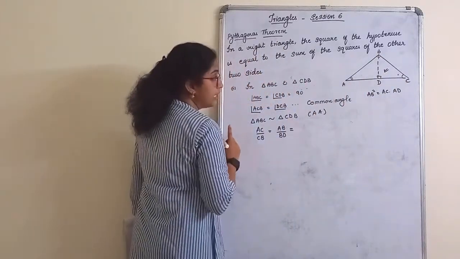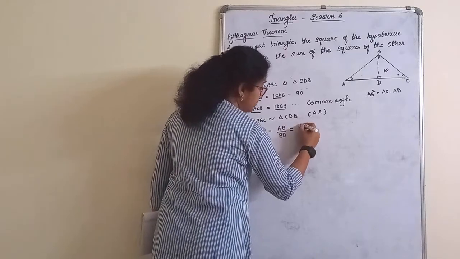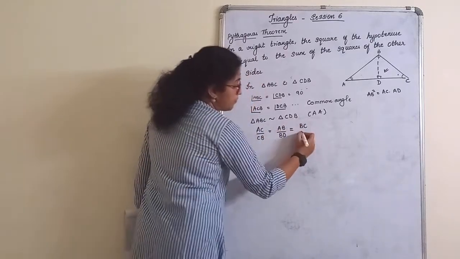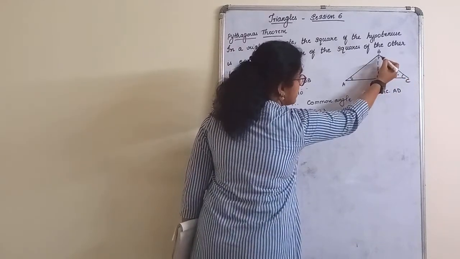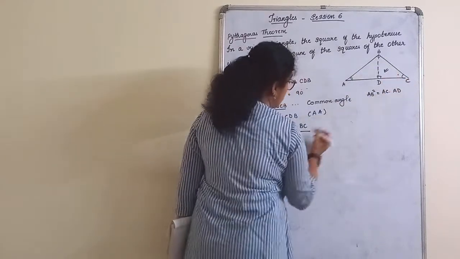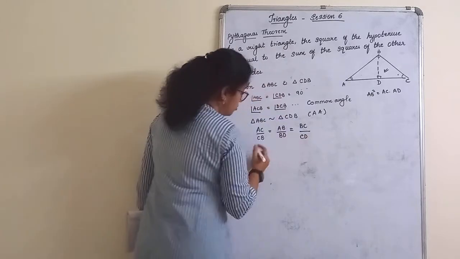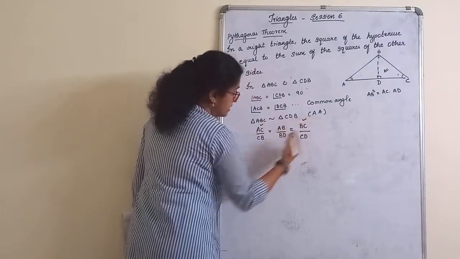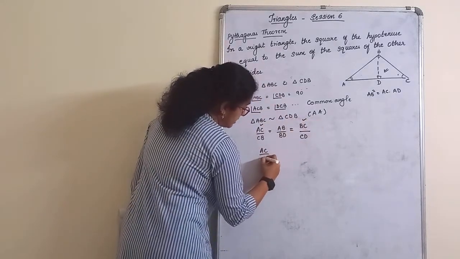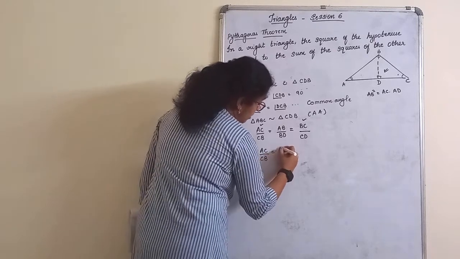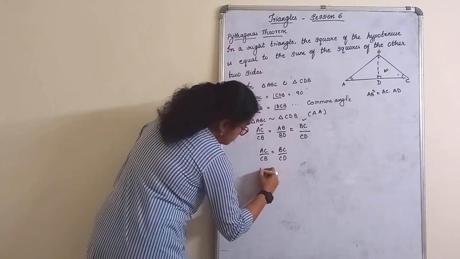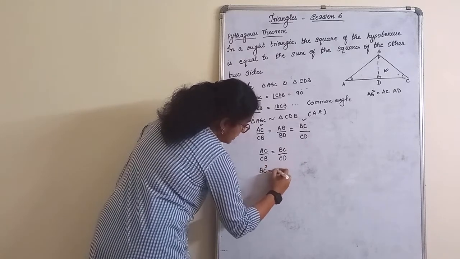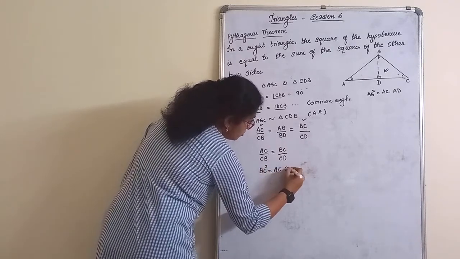So angle A is not done means BC will come. Next, in this part of triangle, C is done, D is done. This is not there. So what will come? CD will come. So see here, BC and BC is there here. AC upon CB is equal to BC upon CD. Cross multiply, BC square is equal to AC into CD.